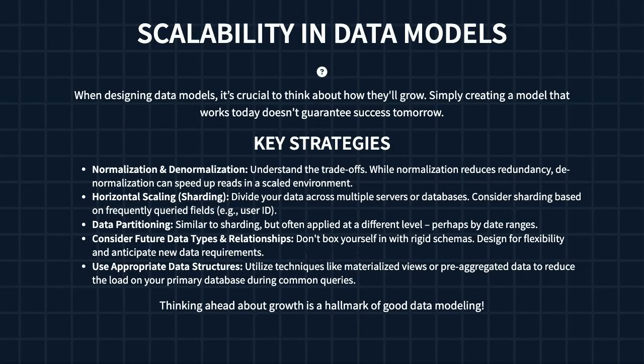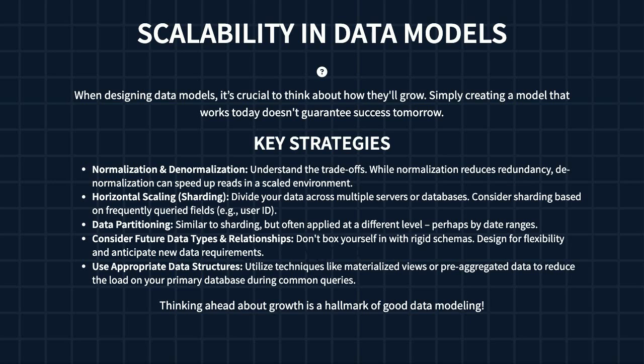Okay, let's talk about scalability. When you're building a database schema, it's easy to focus on the current needs, but you have to think about how that model will handle growth. There are several things you can do. First, understand the difference between normalization and denormalization. They both have advantages and disadvantages. Then consider horizontal scaling, which means spreading your data out across multiple servers.